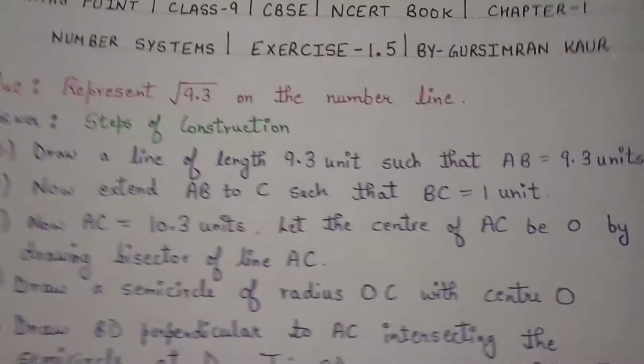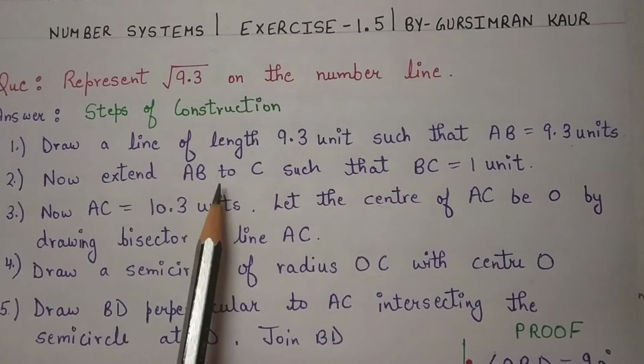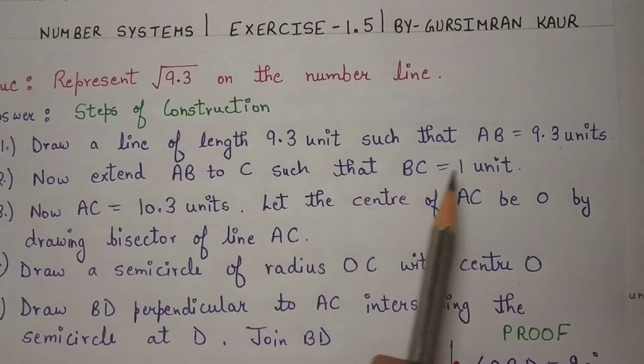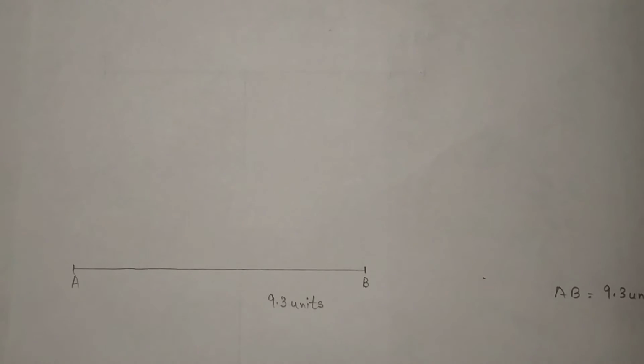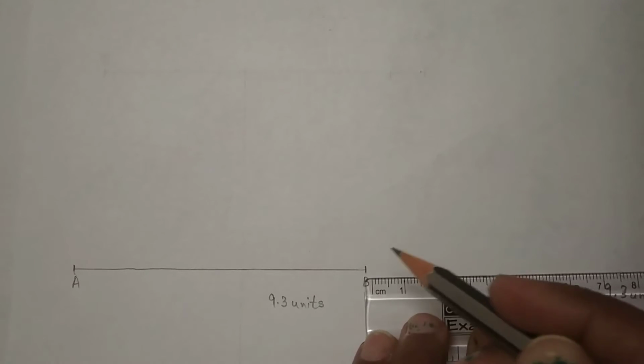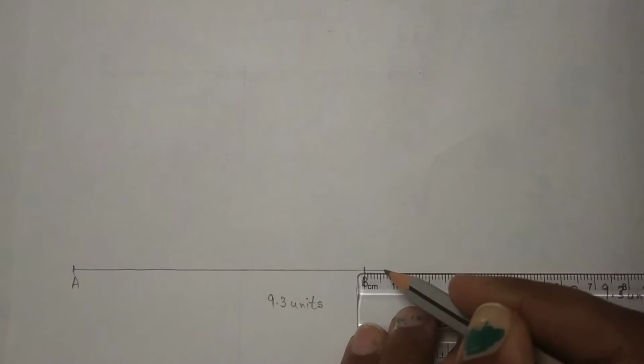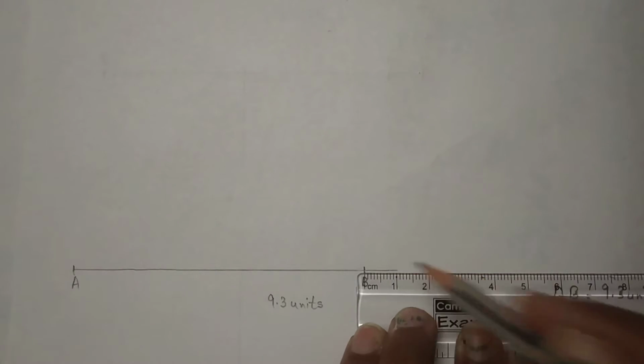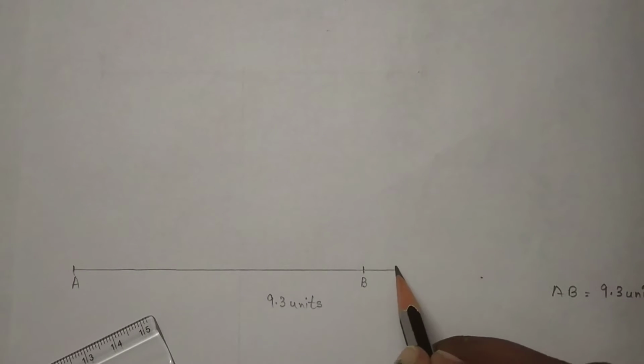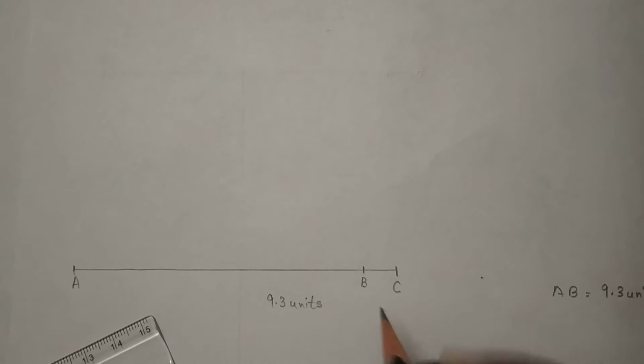Now, next step is extend AB to C such that BC is equal to 1 unit. I have to extend AB by 1 unit only. Take the ruler and by 1 unit only I have extended it and mark it as C. This is 1 unit.